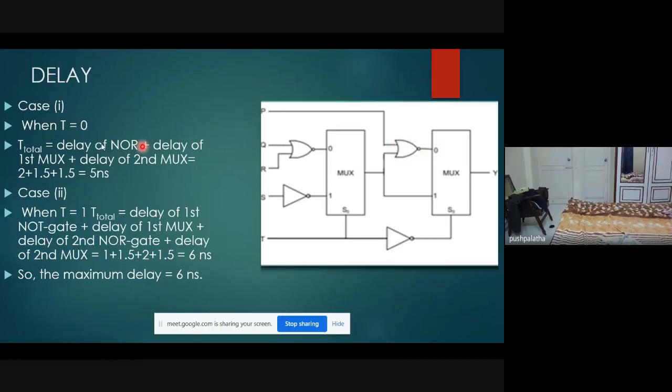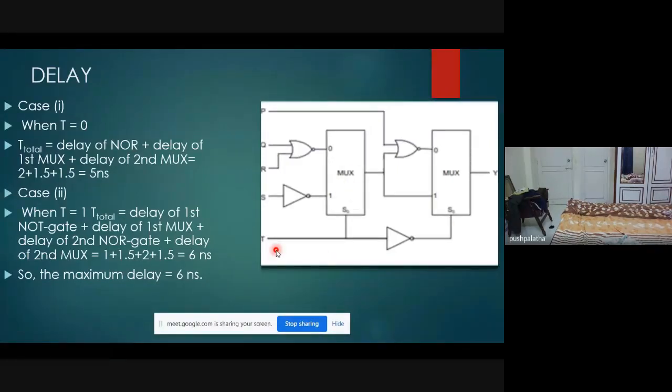Now the total delay is the delay of the first NOT gate, because I had taken t equal to 1. Delay of the first NOT gate is how much? 1 nanosecond, right? So delay of the first NOT gate and delay of the first mux and delay of the second NOR gate, because I am giving t equal to 1.